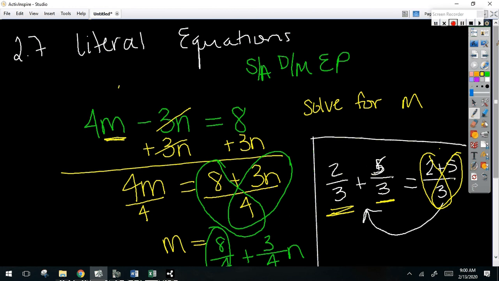Let me show you this because this seems to be everybody's problem, not the actual solving, but the splitting up of the fraction. Let's say I had 5 plus 4x over 12.